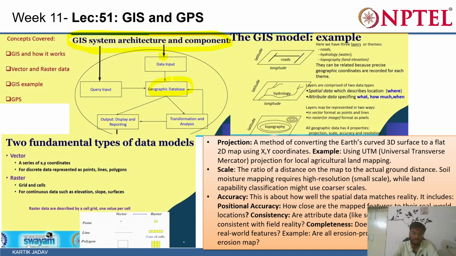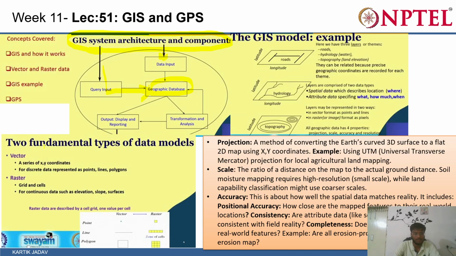From one dataset we can correlate various uses, so based on our objective we provide a query input to the geographic database, and that query will help provide the desired output.